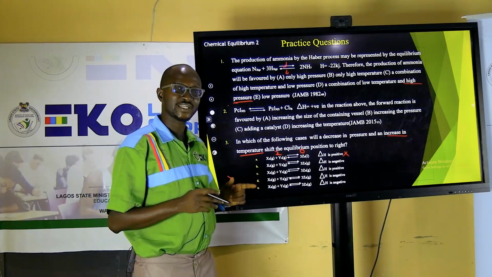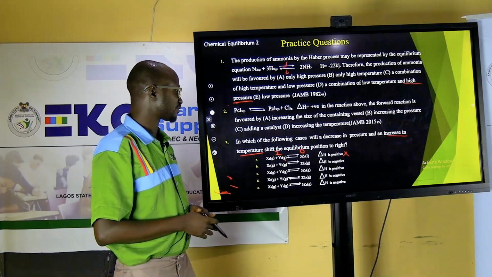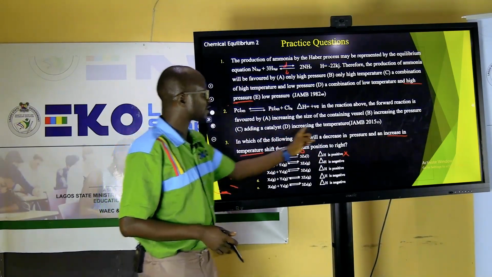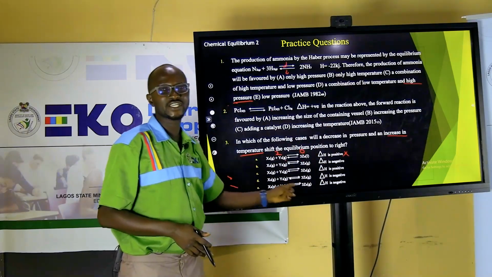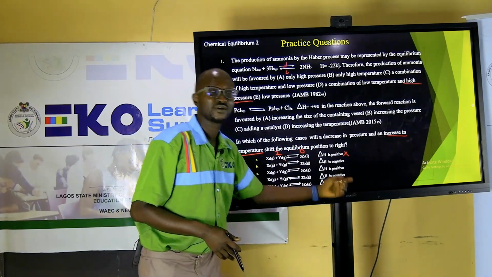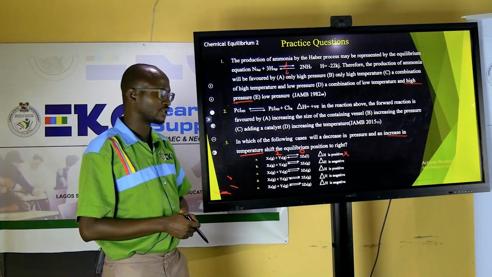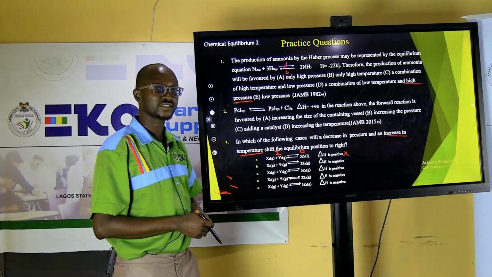So this has already nullified one of the conditions, because the condition said increase in temperature. So B does not favor increase in temperature, because it's only a decrease in temperature that will favor the forward reaction. I believe we are all following. So we now know why A and B are not correct.